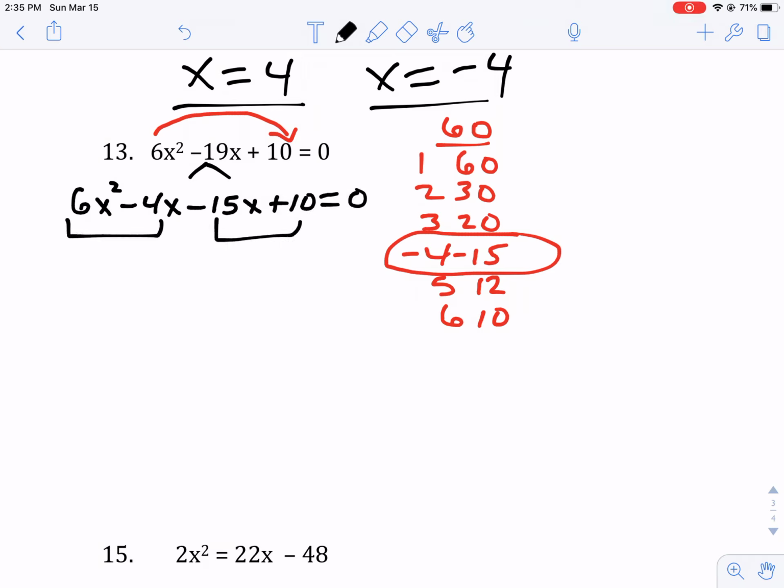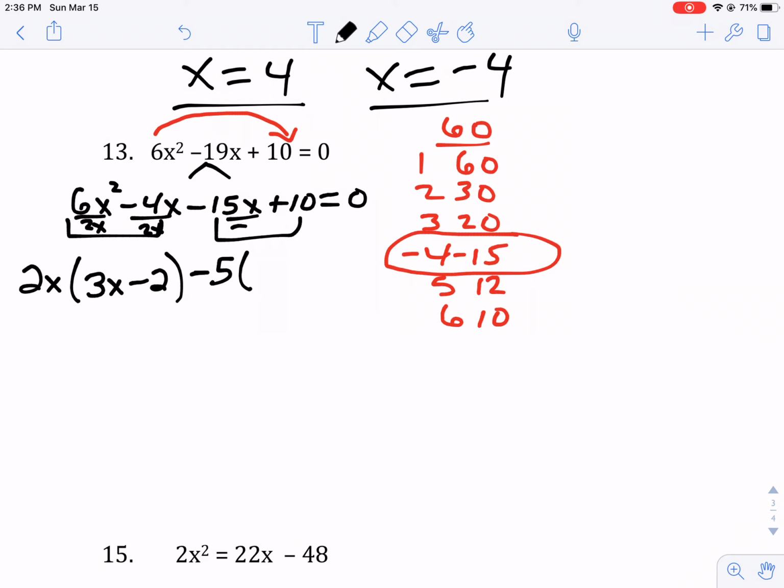Make groups of 2. Take the GCF of each group. GCF of the first group is 2x. Write it down and divide. 6x squared divided by 2x is 3x. Negative 4x divided by 2x is negative 2. GCF of the next group, since the next group starts with a negative, the GCF has to be a negative, and 5 will go into both of those.